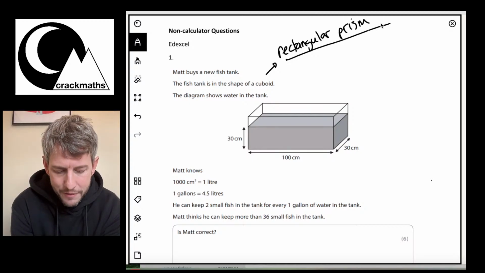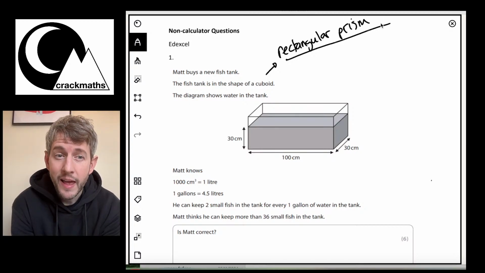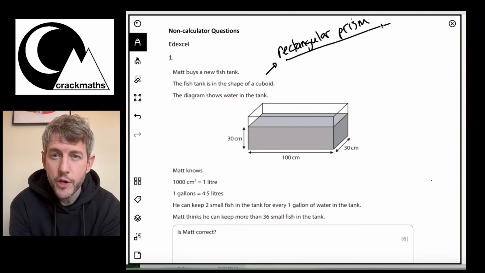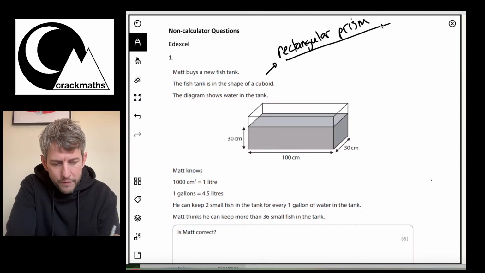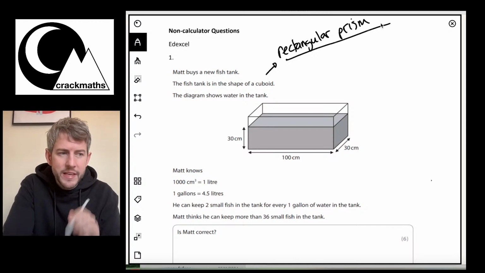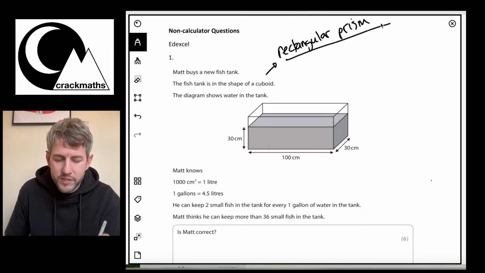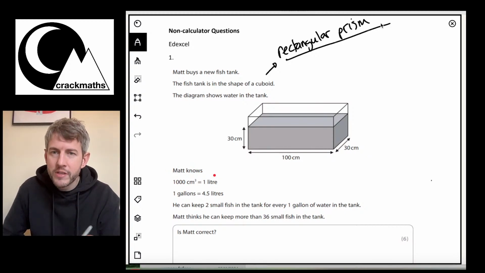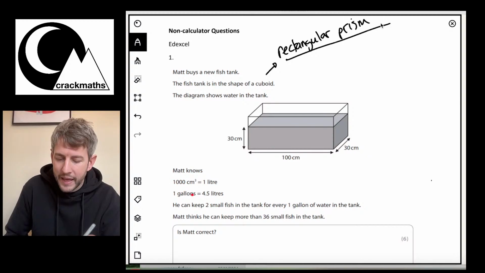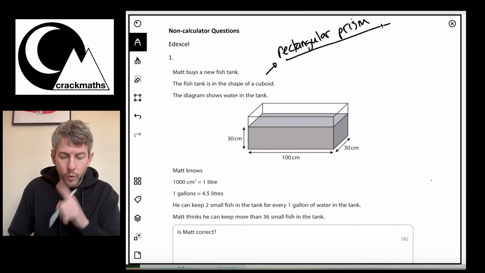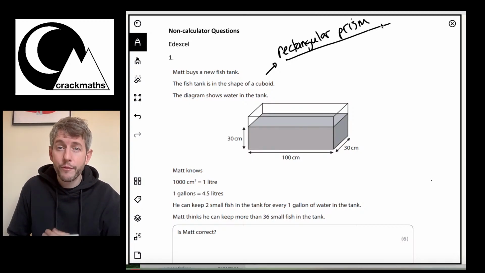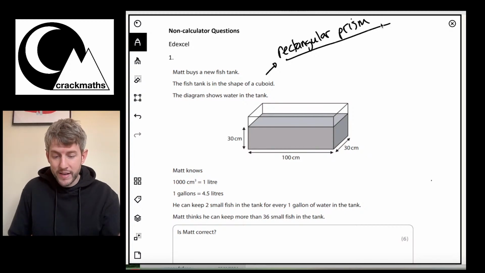Now, I would say one of the main things to think about with these sorts of questions is firstly to always consider the units that they're giving you. So here all of this stuff is in centimetres, and this is in centimetres. So actually, this question is all right. The units that they want to know are in centimetres, and they've given us the conversion for volume in centimetres cubed. So for this question, the units are currently okay. So what we first of all need to do is we need to find out the volume of this cuboid, or this rectangular prism.